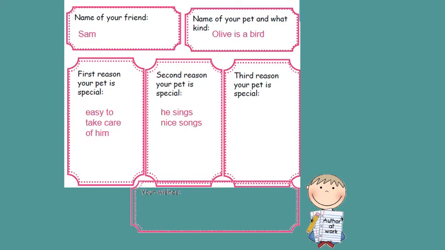Like let's say if you wrote about a dog, you can write his ears are long. You think that your dog is special because his ears are long or because his legs are short. Okay, or because he likes to nap. The third reason I wrote, he doesn't eat much.